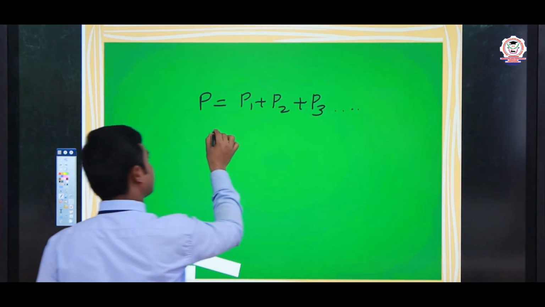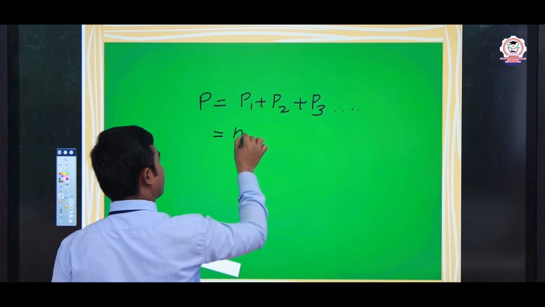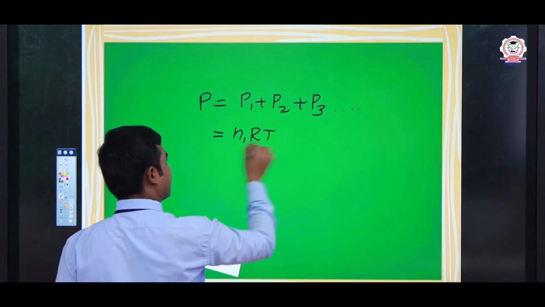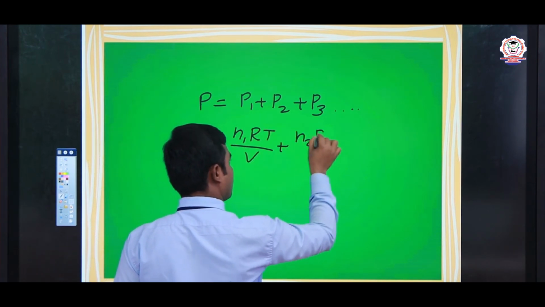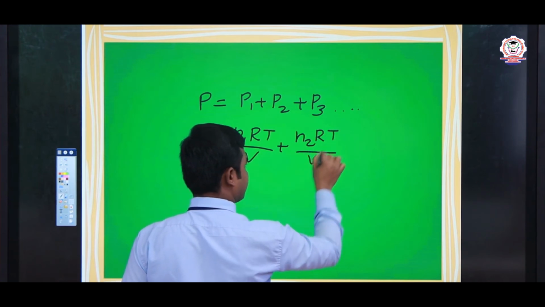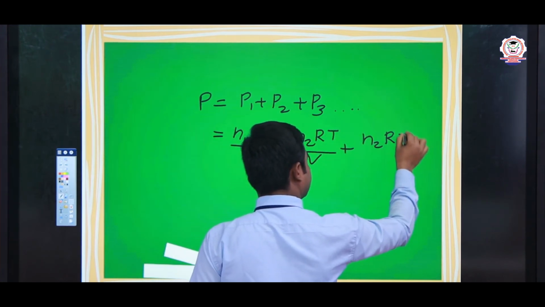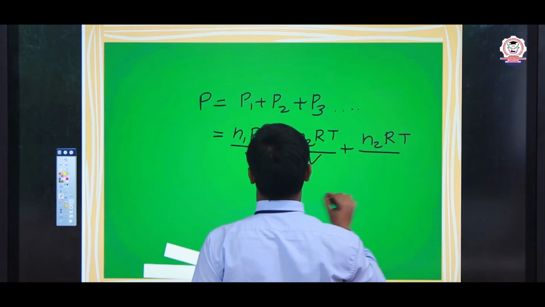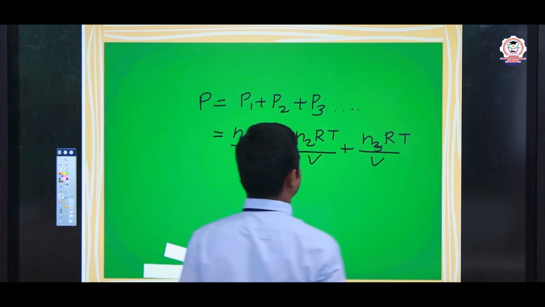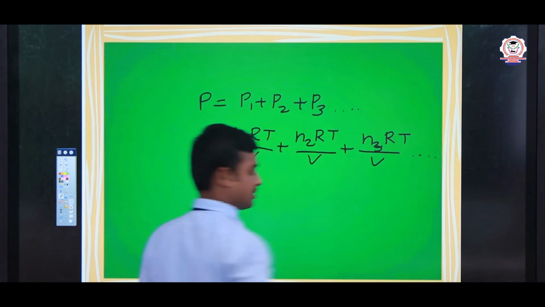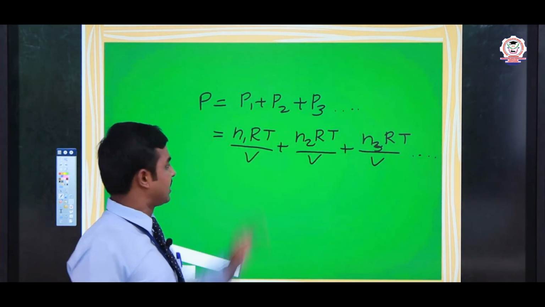The P1 value is n1RT divided by V. For P2, n2RT divided by V. For P3, n3RT divided by V. Likewise it goes on. So for P1, P2, P3 we have n1, n2, n3 values.